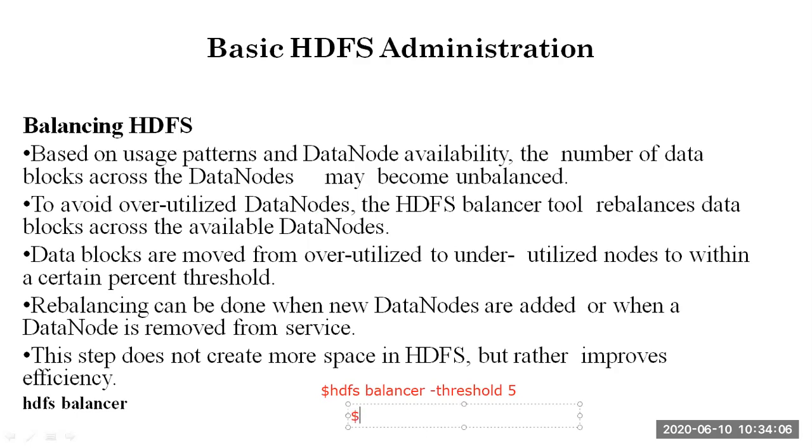So how to set the bandwidth limit for this balancer? $ hdfs dfsadmin -setBalancerBandwidth new bandwidth.